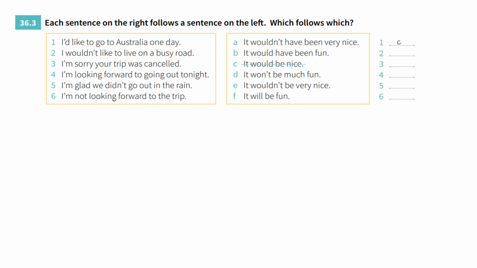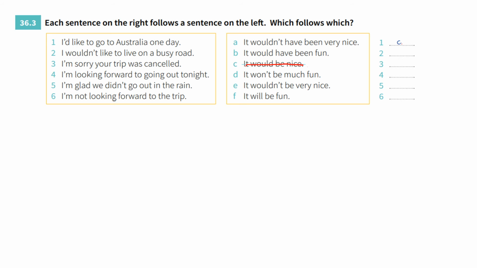Now, each sentence on the right follows a sentence on the left. Which follows which? So first one, C. I'd like to go to Australia one day, and yeah, it would be nice. I wouldn't like to live on a busy road. It wouldn't be very nice.